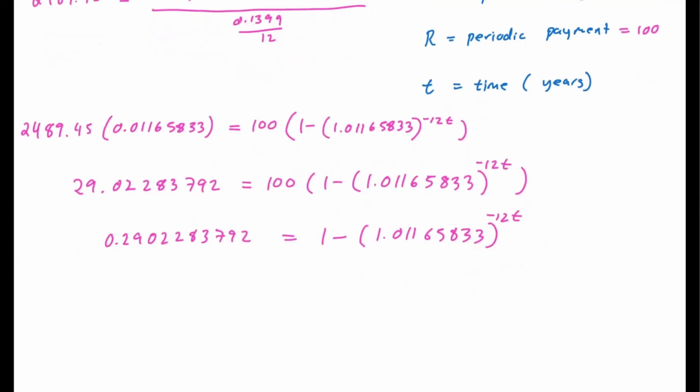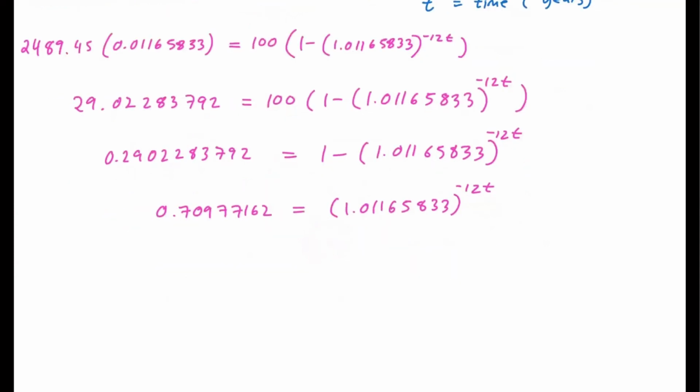And now I can subtract 1 on both sides and multiply everything by negative 1 so that I have a positive value. That's going to give me about 0.709776162 is equal to 1.01165833 to the power of negative 12t. So I subtracted 1 on both sides, and then I multiplied by negative 1 to get rid of that. That's what I get now.